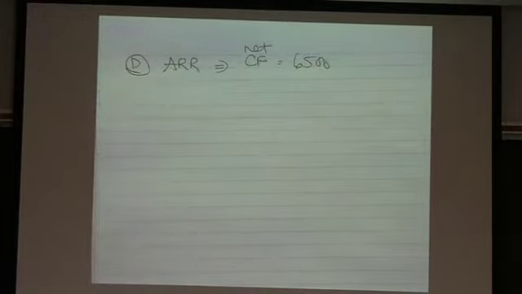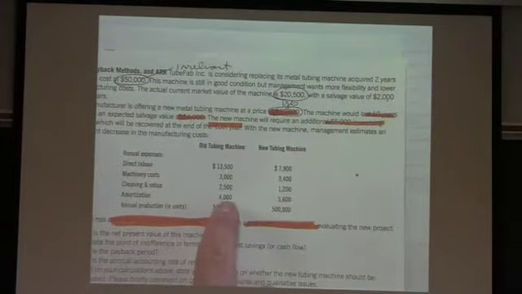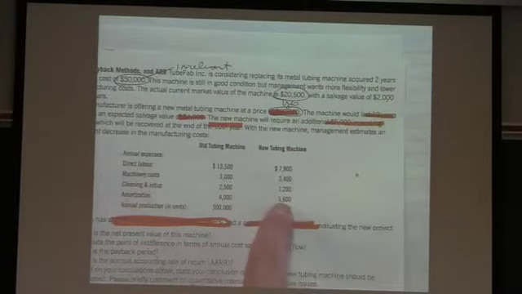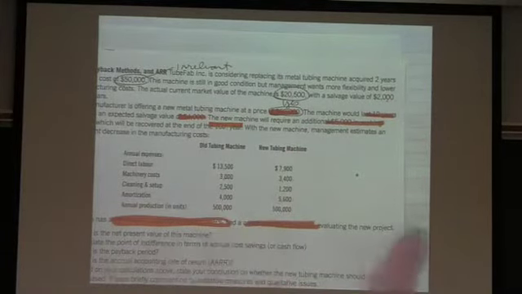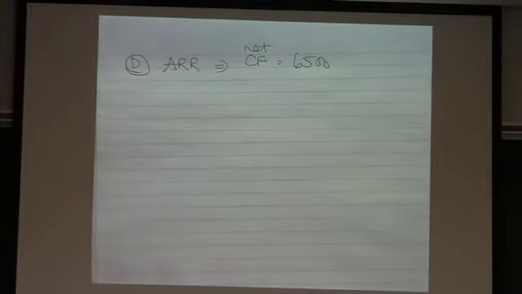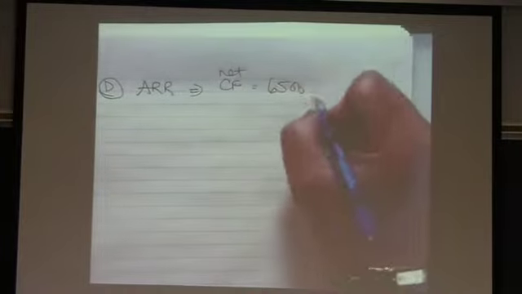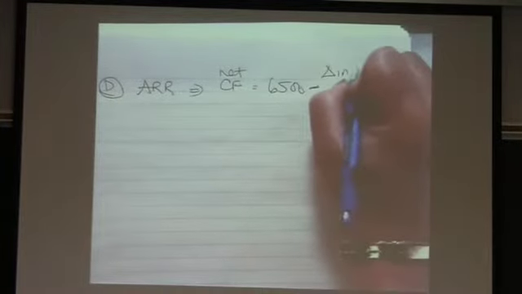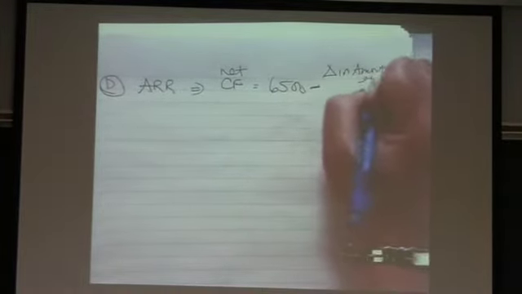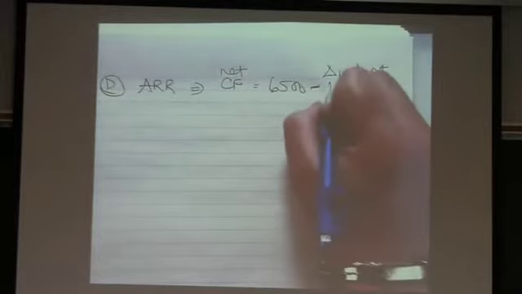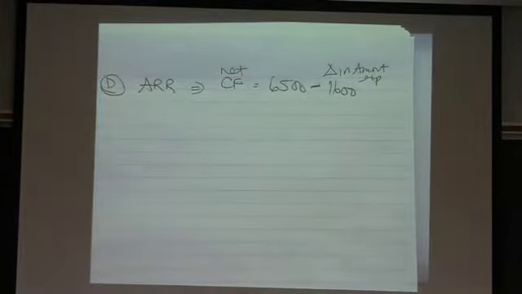We saw that the amortization is 4,000 for old and 5,600 for new. So we're looking for the change in amortization expense, which is 1,600.